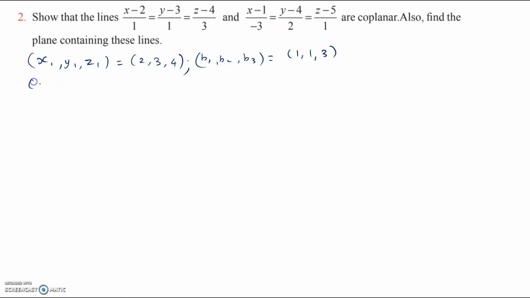Then let's also define our x2, y2, z2 as 1, 4 and 5, and our d1, d2, d3, which are the direction cosines of this line, as minus 3, 2 and 1.